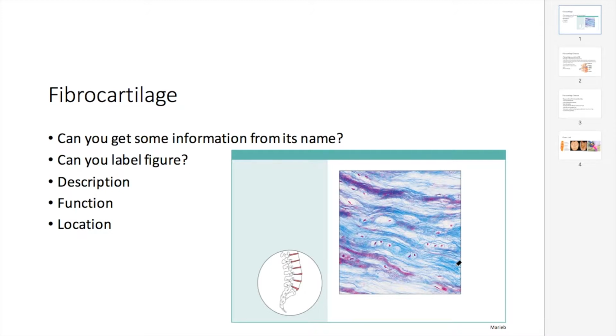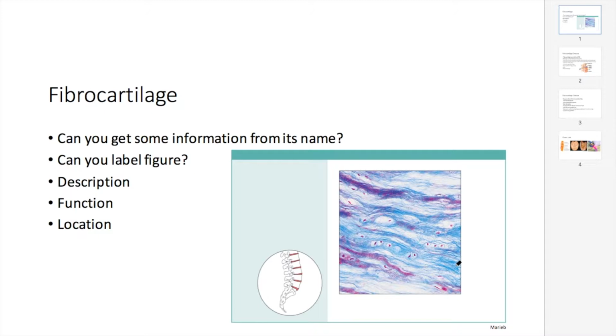I'll try to label a figure with you and help you identify the elements present in fibrocartilage. We'll also look at some functions related to fibrocartilage and the locations where you can find it. I'll talk in more detail about fibrocartilage in other slides also. Let's dive into today's topic.